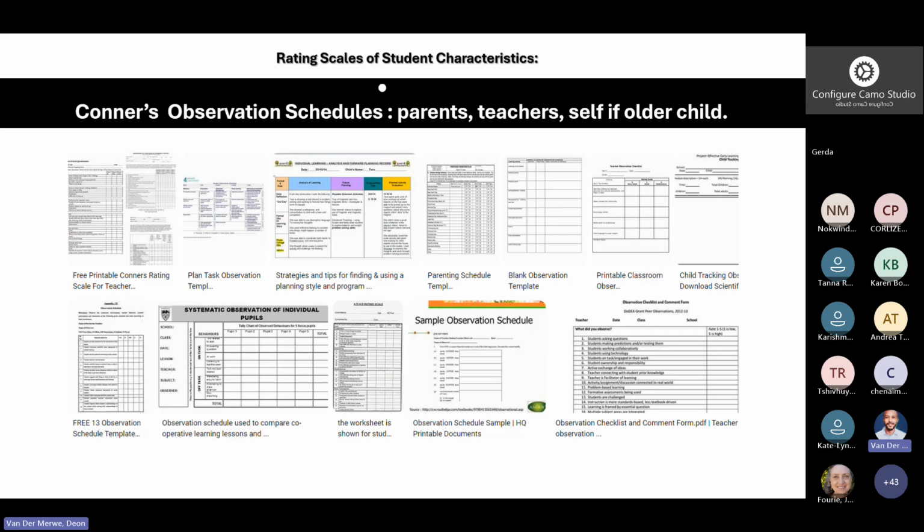And then again, when it comes to observation, there are tools out there that you can make use of that are easily accessible from the search engine Google, such as the Conners Observation Schedule for parents and teachers.